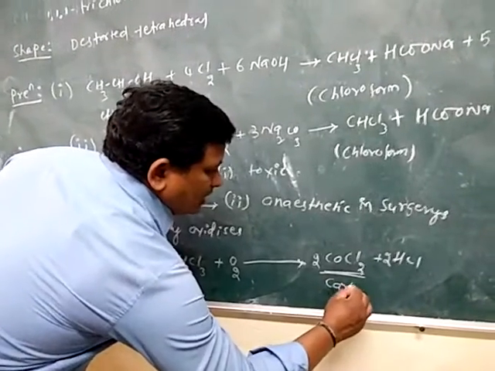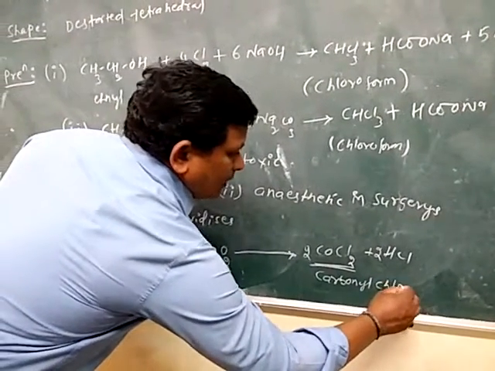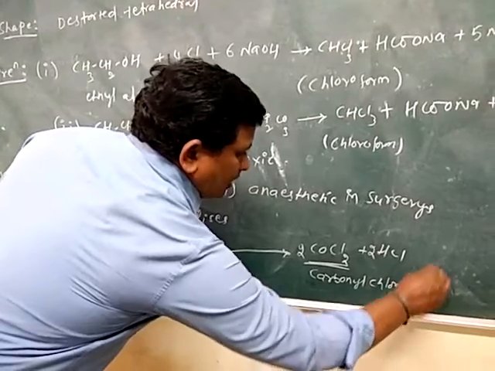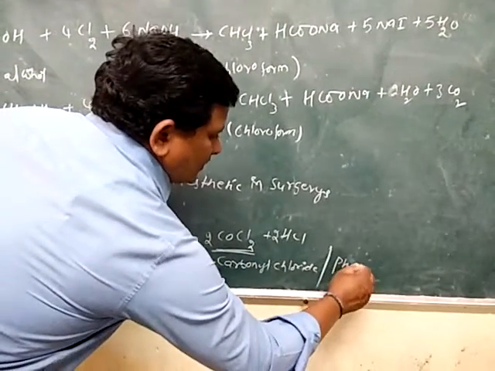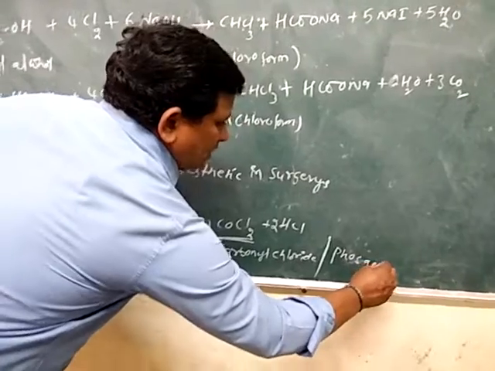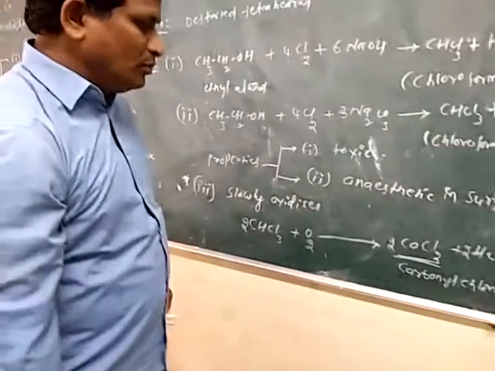It is carbonyl chloride, also known as phosgene. Phosgene is a very toxic compound.